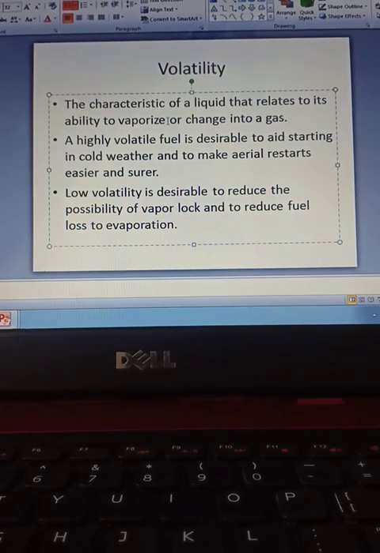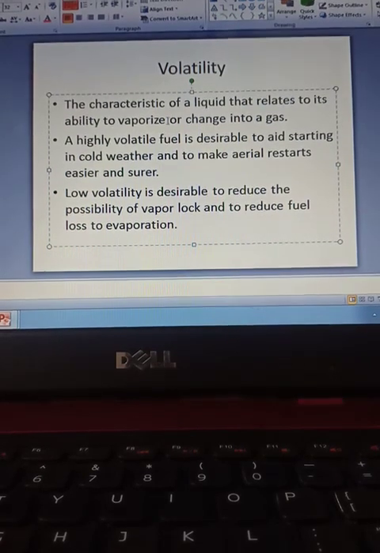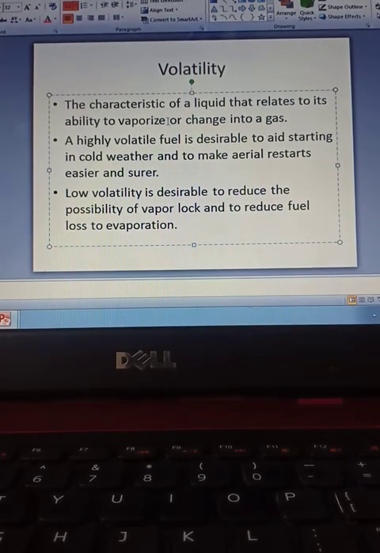So meaning from liquid fuel it will turn into gas. A highly volatile fuel is desirable to aid starting in cold weather conditions. And low volatility is desirable to reduce the possibility of vapor lock and to reduce fuel loss to evaporation.